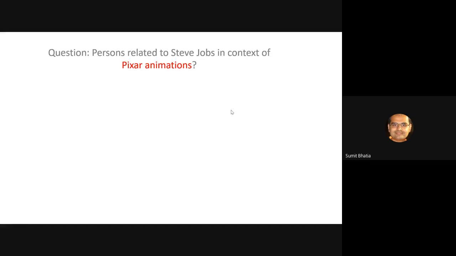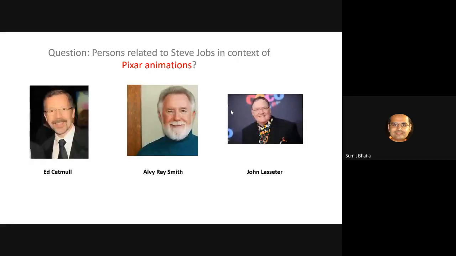No answer. So I'm assuming that a lot of us don't know much about this, and this typically happens. Some of the persons related to Steve Jobs in context of Pixar animations are Ed Catmull, Elvira Smith, and John Lasseter. Now, who are these three people? I'm forgetting exactly who, but one of them is a graphics designer.